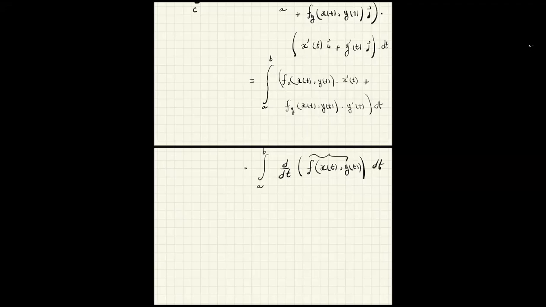Now this is a function of one variable, f of t. So this is the integral from a to b of f prime t dt, which is f of b minus f of a.